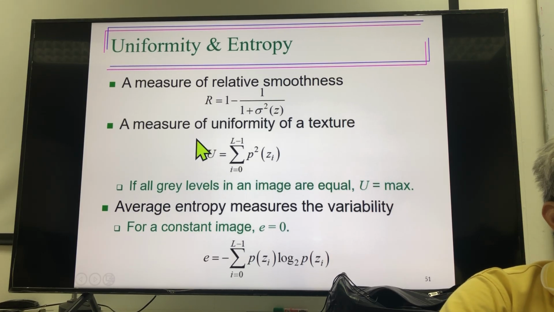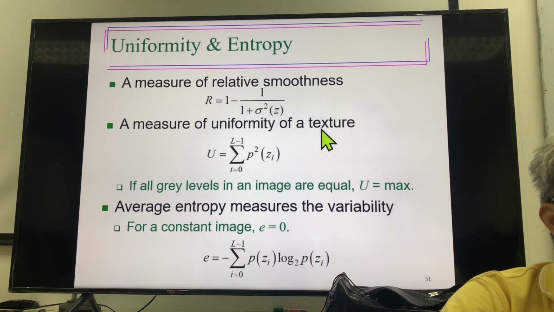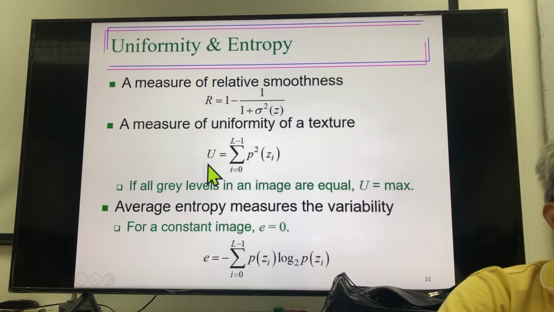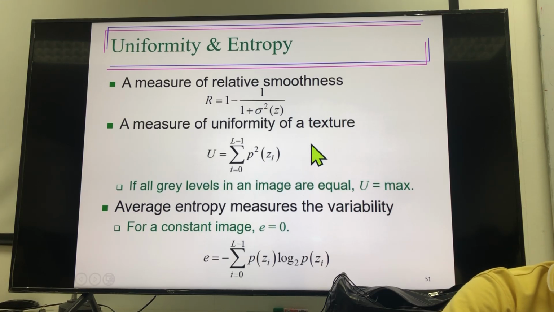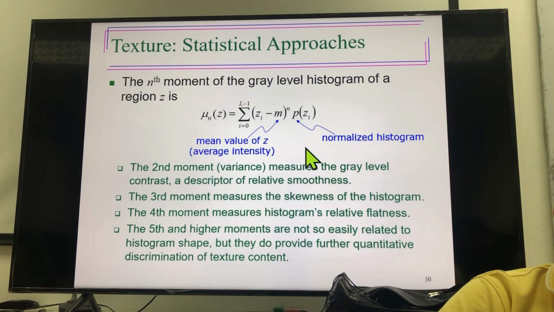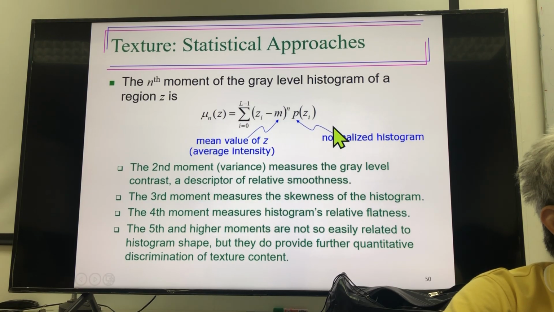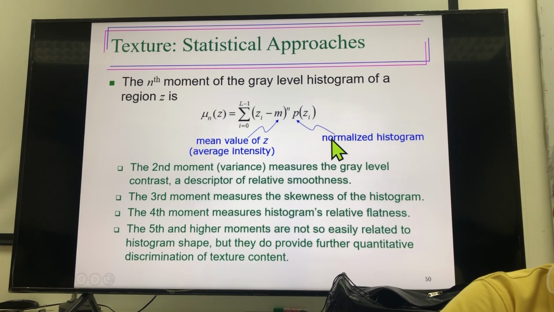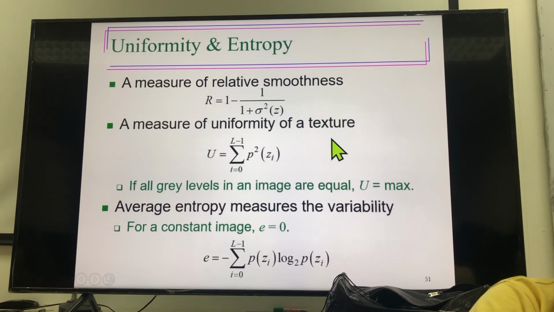And the uniformity of the texture, you could have using the P. What is P? P is the histogram, the normalized histogram. So this is the normalized histogram squared.